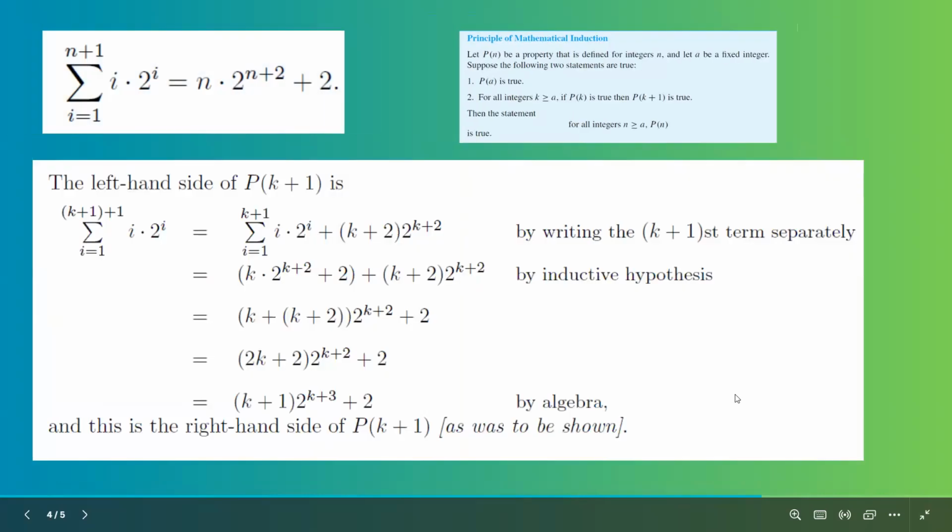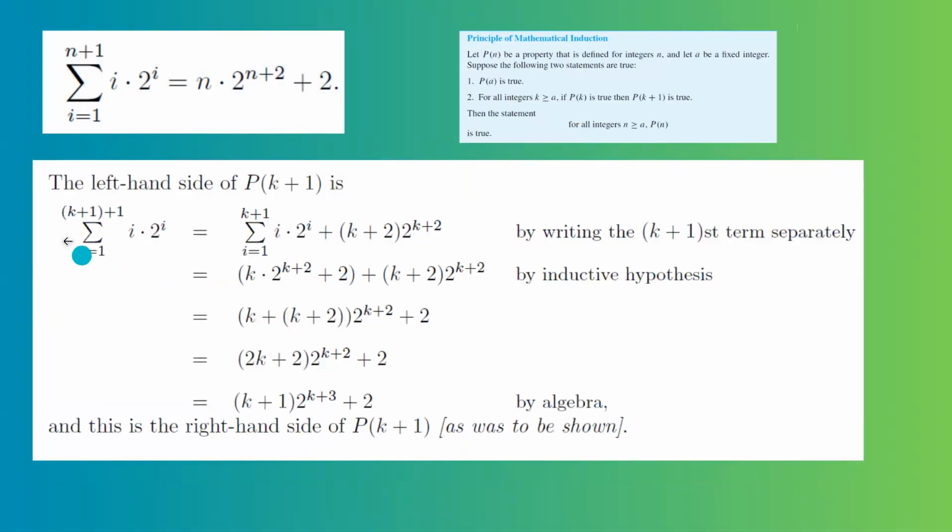To show that this statement is true, we're going to start by looking at the left-hand side. The left-hand side has i from 1 to k plus 1 plus 1, which can be divided up into i from 1 to k plus 1 of i times 2 to the i, and if I plug in the last term here, I get k plus 2 times 2 to the power k plus 2.